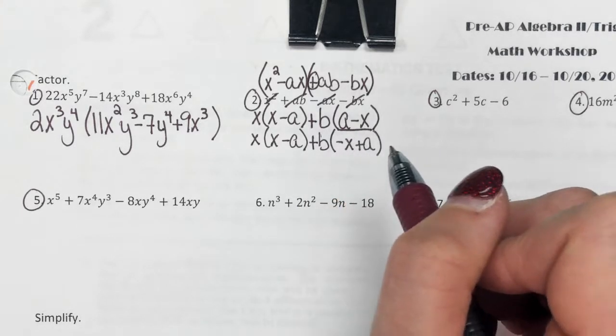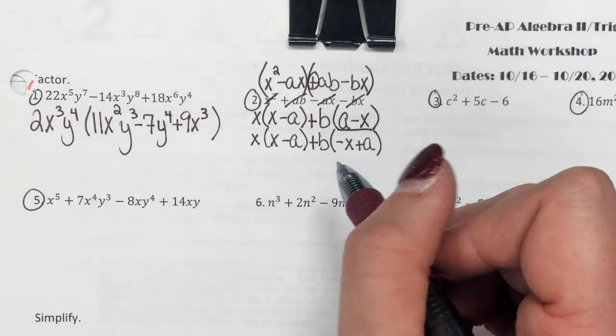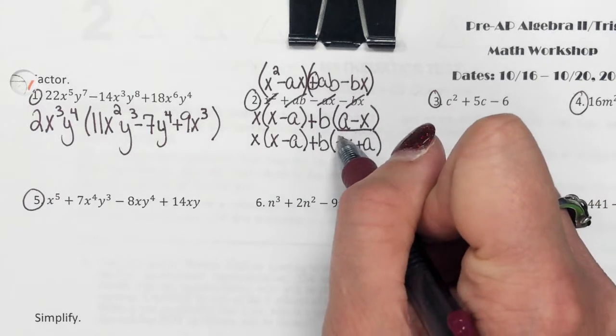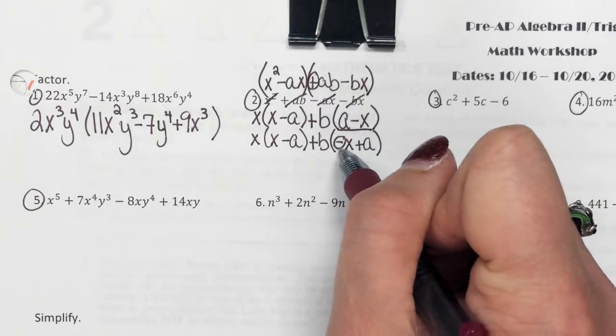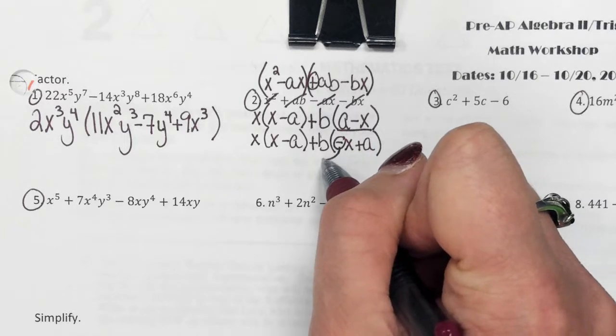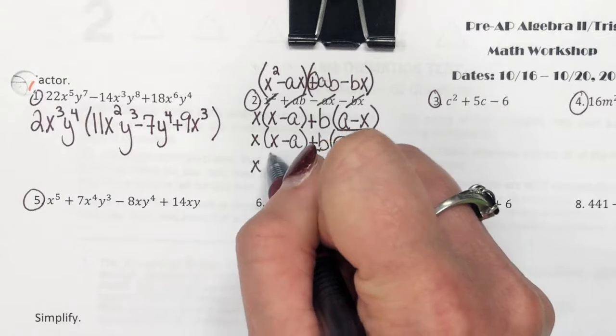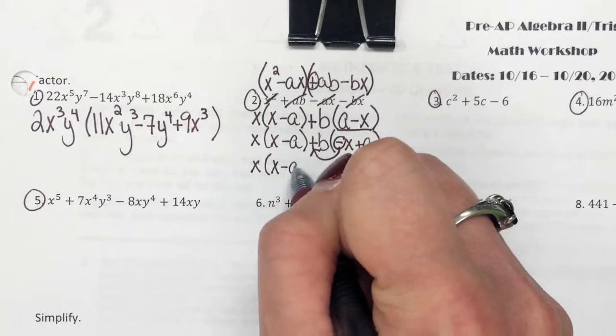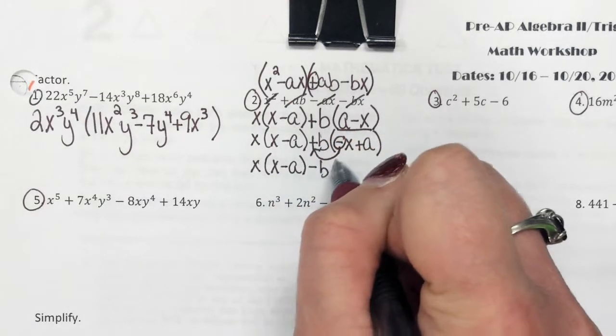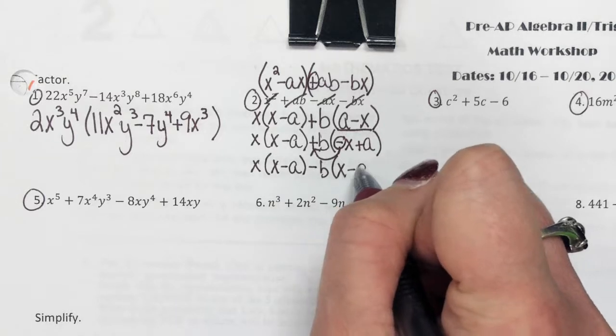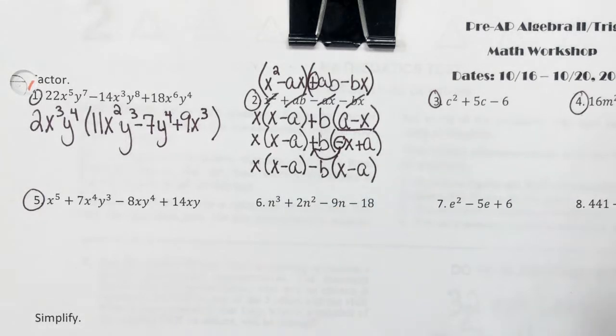Now they're in the same order, but they have the wrong signs. Remember, you can't have a leading negative anyway. So what can you do to this guy? Yeah, so instead of a positive b, it'd be a negative b. And that would be a positive x minus a. Now they're the same.